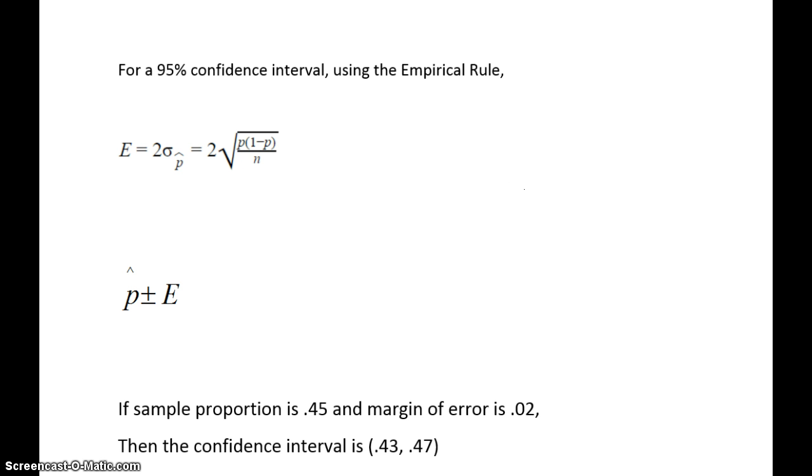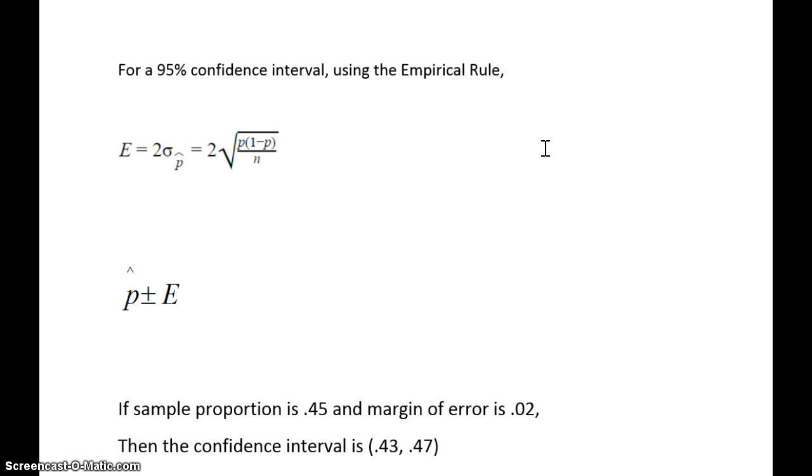For a 95% confidence interval, we're going to use the empirical rule. Now, 95 is not the only type of confidence interval. The other main ones are 90% and 99%. But you're going to see that the value of 2 here is from the empirical rule, and that states that roughly 95% of your data is within 2 standard deviations of the mean.